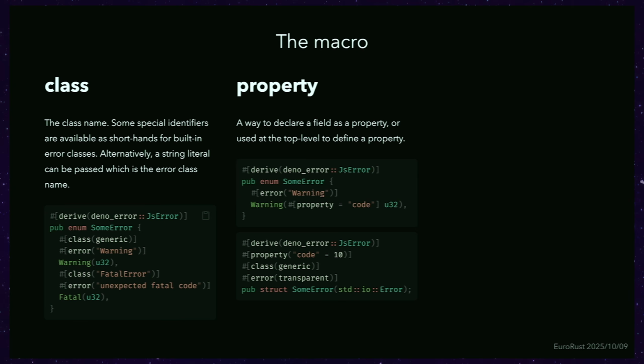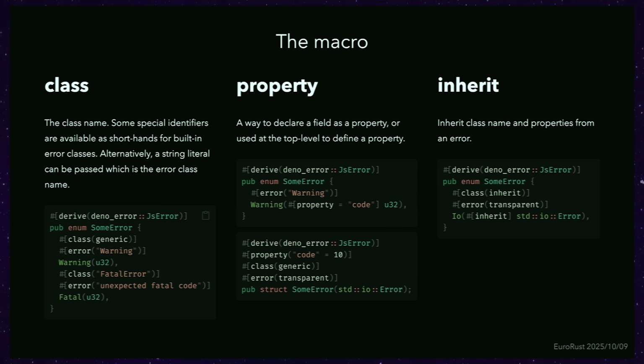Or you can define it and overwrite. Or alternatively, you can put it on the top level of an error and define a new property given a specific value. And then we have inherit. Inherit is very similar to transparent in this error. Basically, it just lets you inherit all the properties from the defined error.